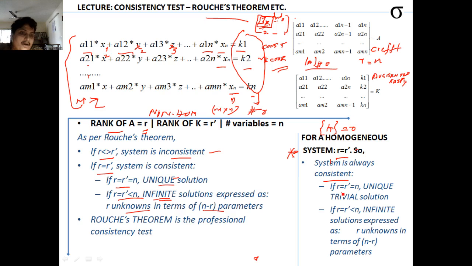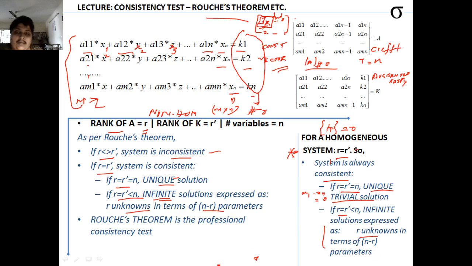Therefore, when R equals R dash equals n, you will have only a single, unique solution, which will be trivial. That is, each variable from x1 till xn will be equal to 0. Now, in the case where R equals R dash is less than n, you have infinite solutions, which can again be expressed with n minus R parameters. The R unknowns can be expressed in terms of n minus R parameters.